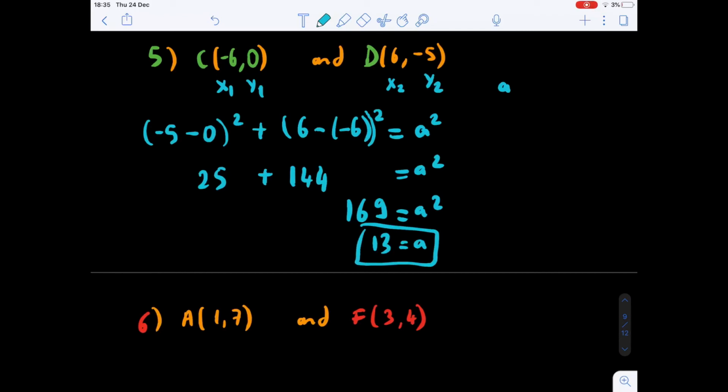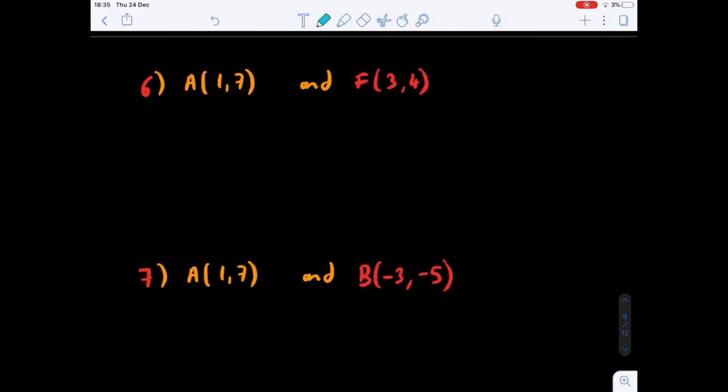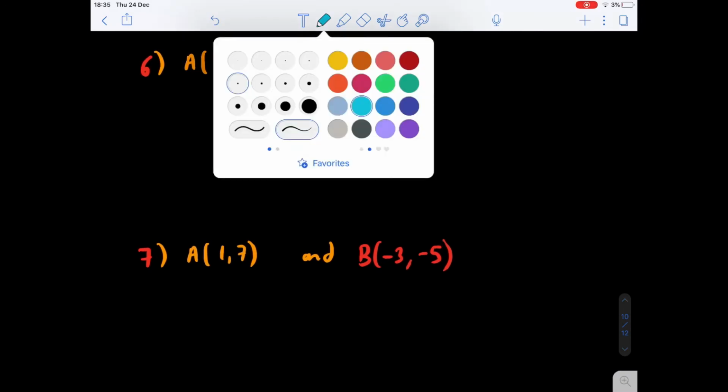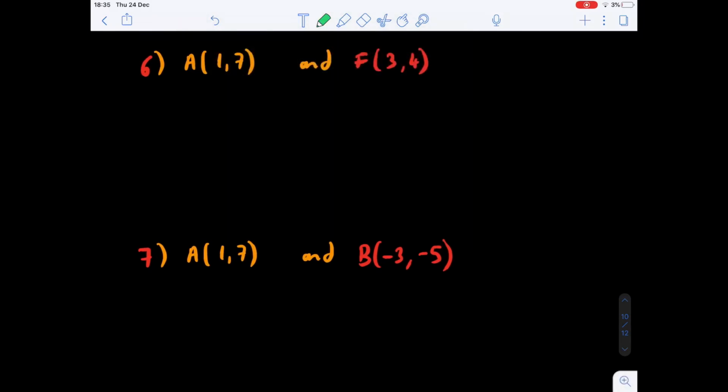Okay, question 6. Right now we have 2 points again. We are trying to find the distance between point A and F. So I'm naming the coordinates x1 and y1, here is x2 and y2. The distance between y coordinates is 4 minus 7, squared, plus the distance between x coordinates, which means horizontally, x2 minus x1, which is 3 minus 1, squared.